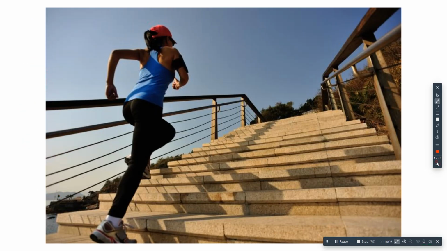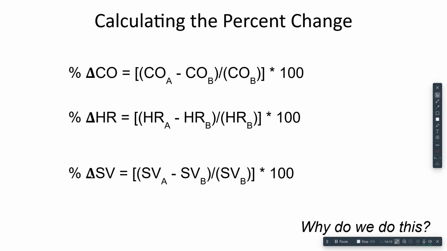Now then, finally, what we can do is calculate some percent changes. The percent change basically lets me figure out how cardiac output, for example, changed in terms of where it started. So if I've got my cardiac output after exercise minus cardiac output before exercise divided by cardiac output before times 100.